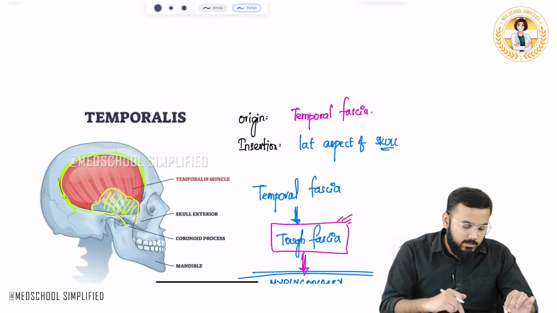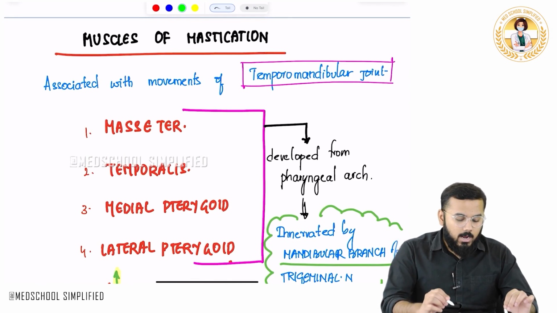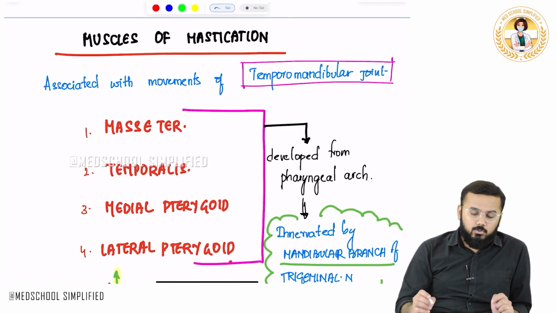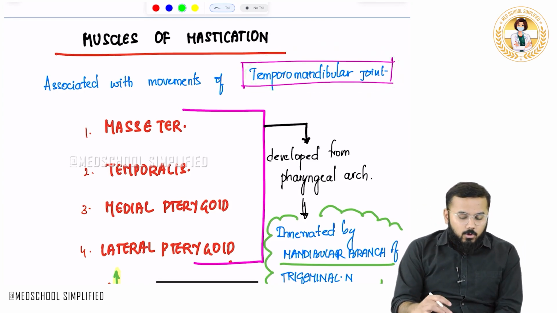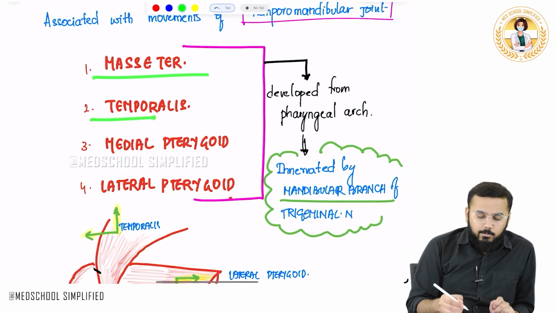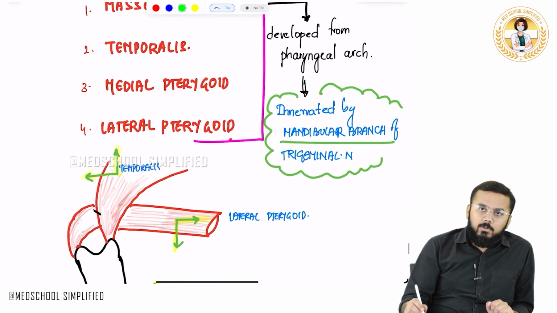Let us discuss all the muscles of mastication once again. So what are these muscles of mastication? All of them are associated with the movements of the temporomandibular joint. Now, what are the 4 important muscles of mastication which you have got? Masseter muscle, temporalis muscle, medial and lateral pterygoid muscle. Now, all of them are developed from where?